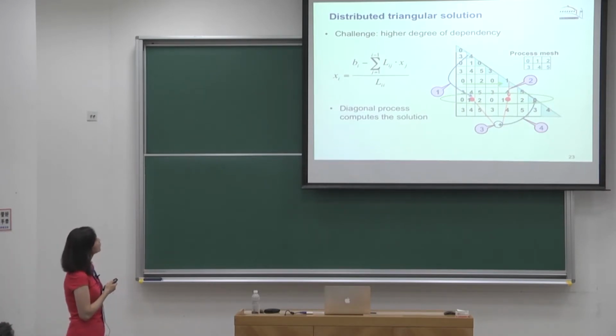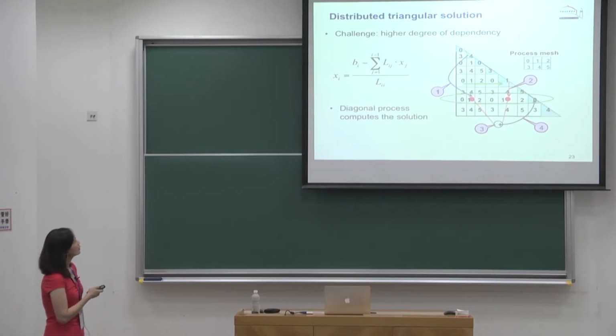So for the ith component, we take the inner product version. The ith component of x is: take Lij times xj, over all the previous columns, times all the components you have computed, subtract from bi, then divide by Lii. And because of distribution, I have non-zeros here and here, right?